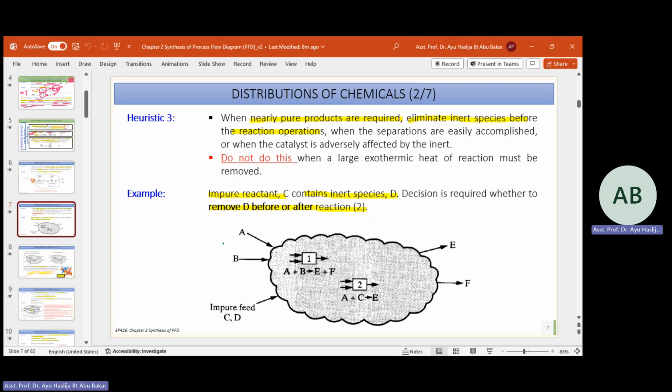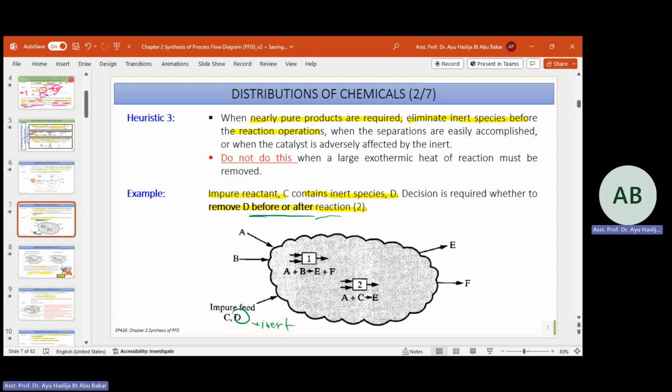Here, heuristic 3 just now. D is the inert, which is not involved in the reaction. So the decision is required whether to remove D before or after reaction 2.